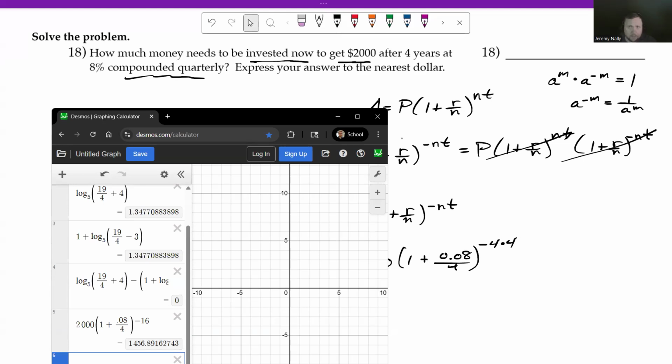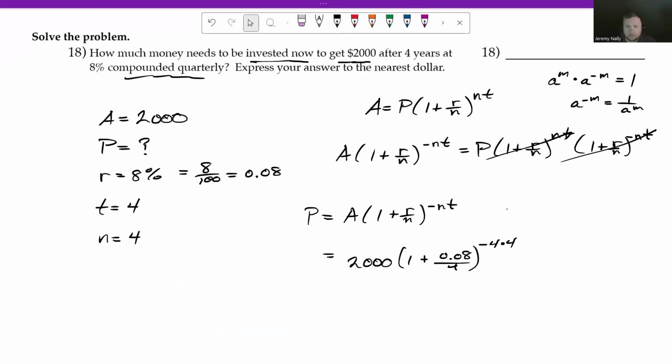So I get to the nearest dollar, 1,457. Okay.